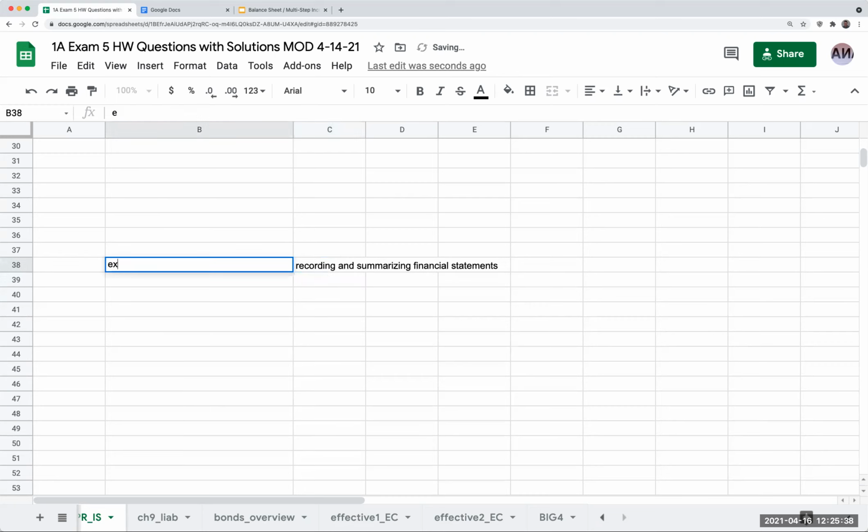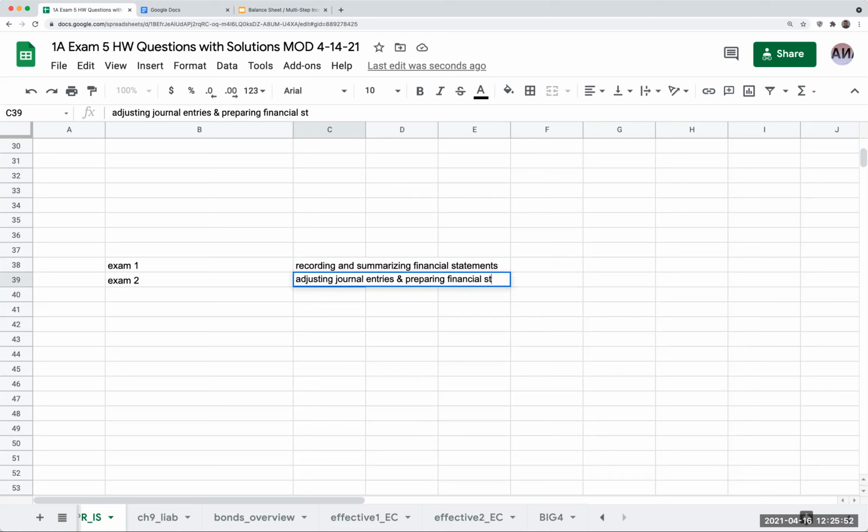That generally is going to be my exam 1. And then exam 2 is adjusting journal entries and also preparing financial statements. And this includes, though, a classified balance sheet.